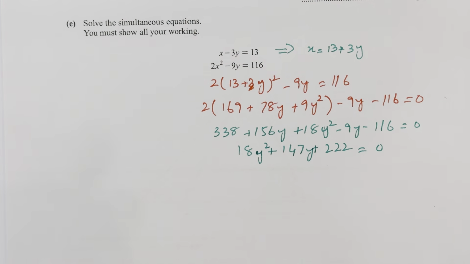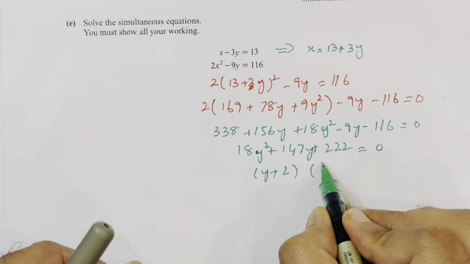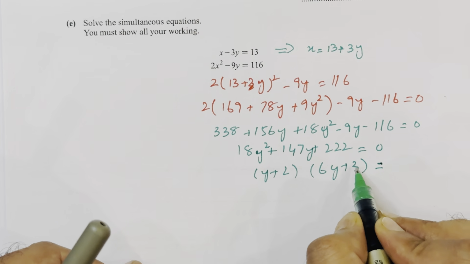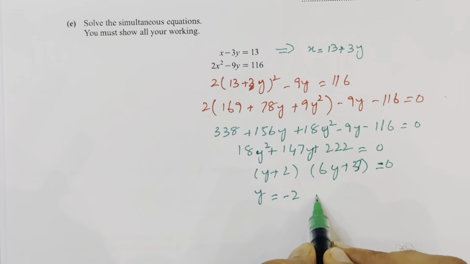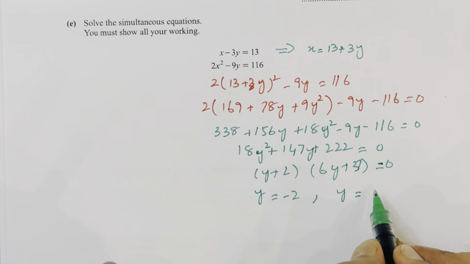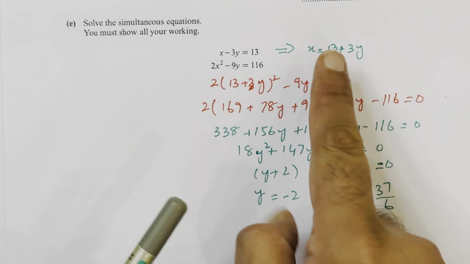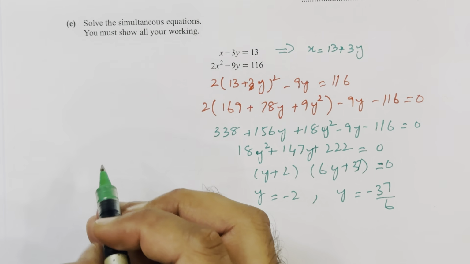Alright, and you can apply middle term breaking or quadratic formula to find the value of y. It would be 6y plus 37. I have used calculator to find the pair. It would be y is equal to minus 2 and y is equal to minus 37 by 6. Okay, we need to put this value in x is equal to 13 plus 3y to get two values of x.